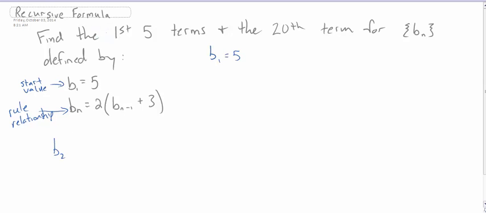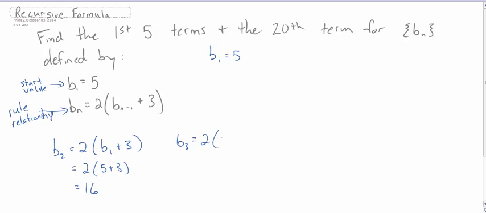b2, using the rule, we're going to do 2 times b sub n minus 1 plus 3. Well, if n is 2, the b sub n minus 1 would be b1. This b sub n minus 1, the 1 less than n, just means previous term. So this is going to be 2 times 5 plus 3, which would be 16. b3 will be 2 times b sub n minus 1 plus 3.